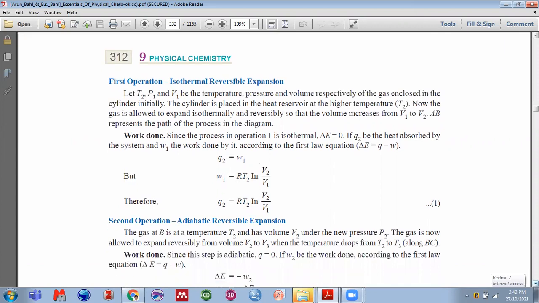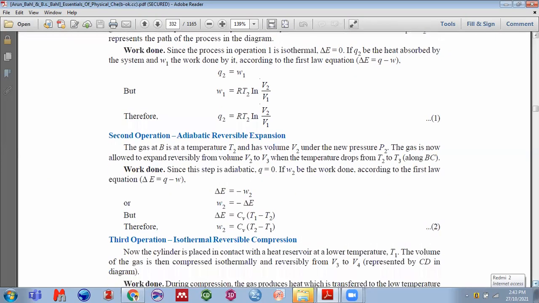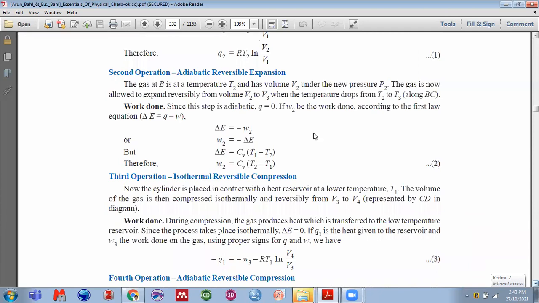Next, second operation, second step, adiabatic reversible expansion. At point B, B to C. The gas at B is at a temperature T2 and has volume V2 under pressure P2.